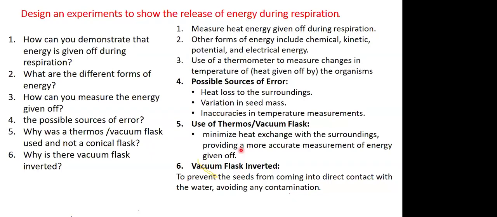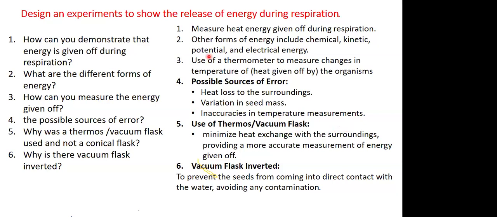But if we go back, then the variation in seed mass. So for the control experiment and the actual experiment, you must have seeds of almost the same mass. So to avoid that, you have to do something. How can we avoid the variations in the seed mass? Because, you know, if one container has more seeds than the other, it means it will produce more heat than the other.